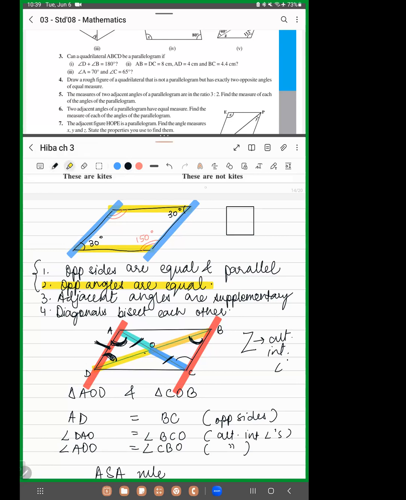In square, opposite sides are equal, yeah, or not? Yes, they are equal. Are they parallel or not? They are. Opposite angles are equal or not?